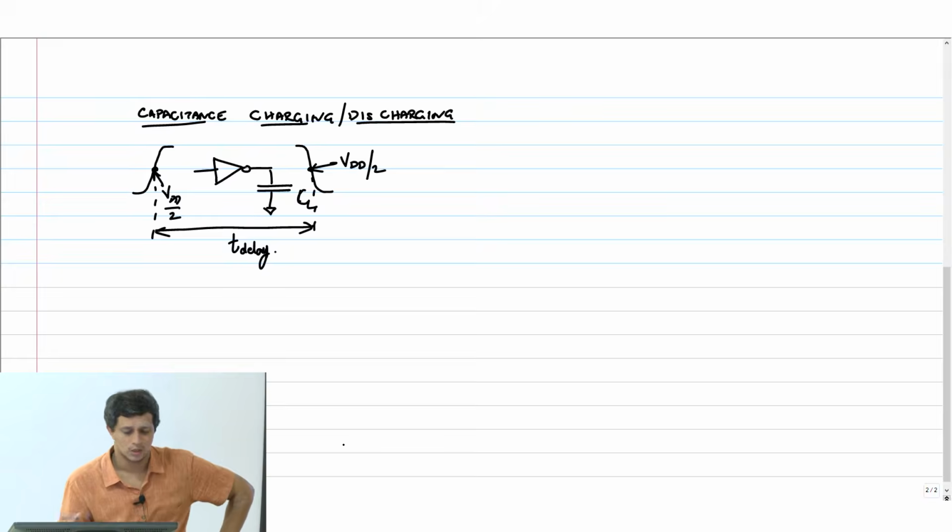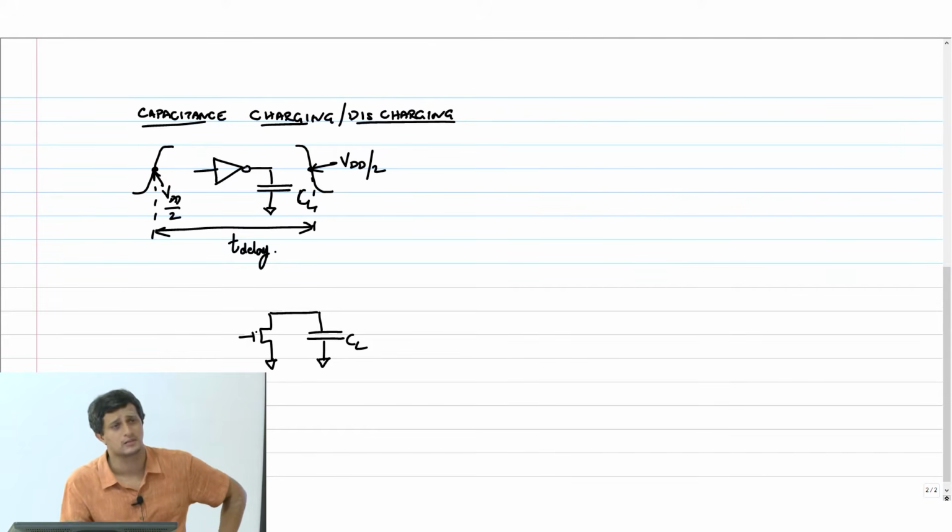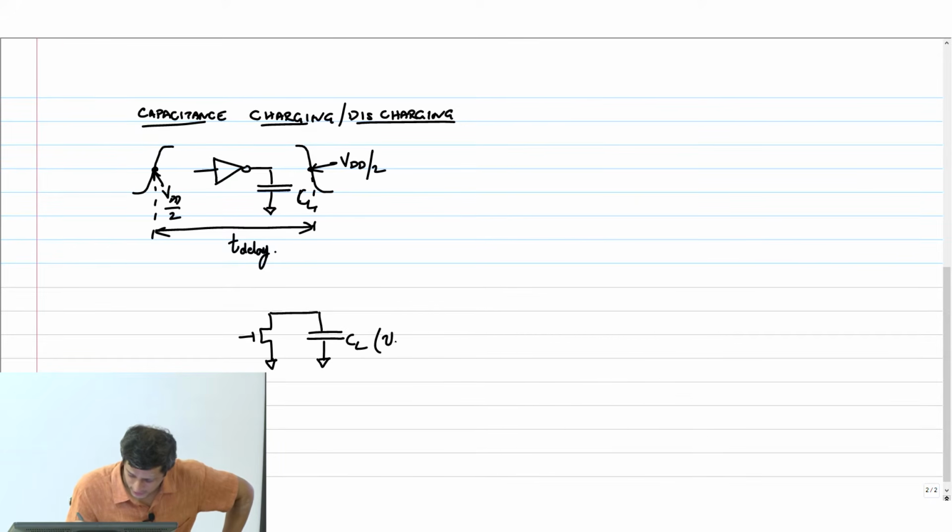So the simplified picture is we have a capacitor CL and an NMOS is going to discharge it. We will see later why an NMOS cannot charge the capacitor or a PMOS cannot discharge a capacitor. But for now let's just look at this picture. The capacitor is charged, Vc of 0 minus equals VDD.